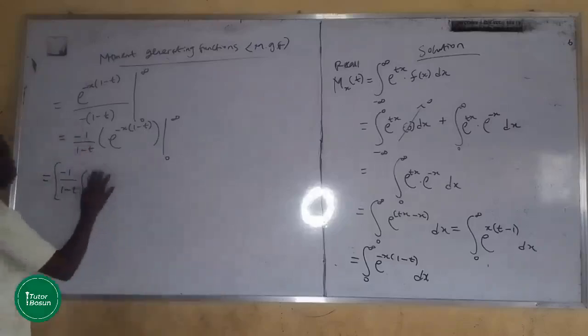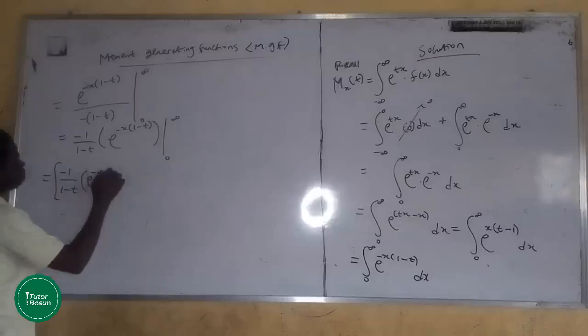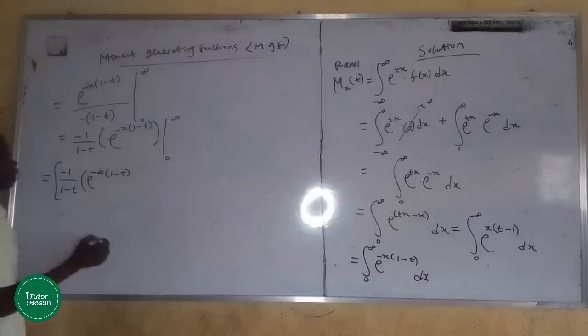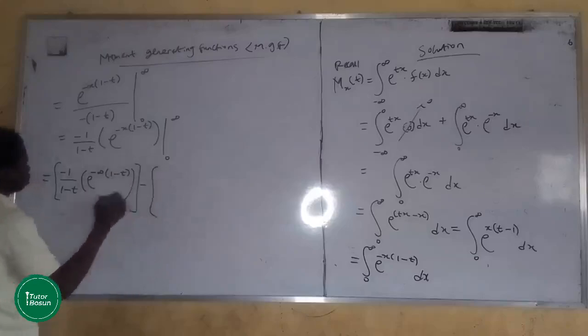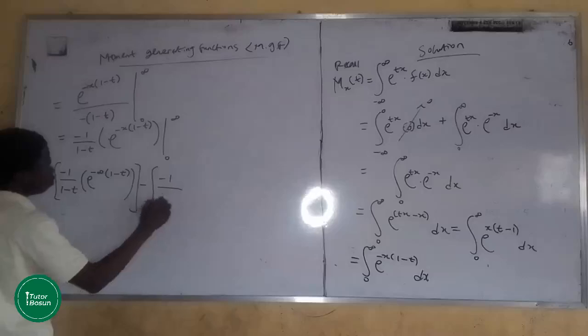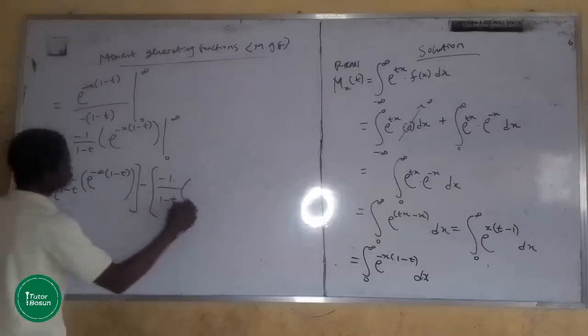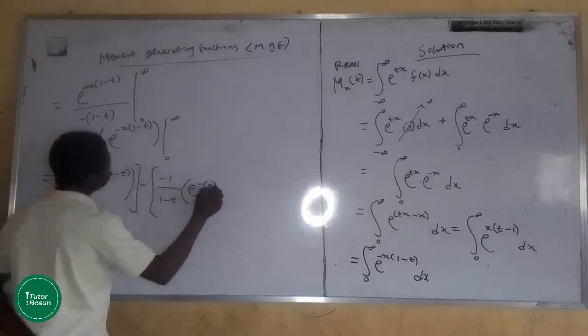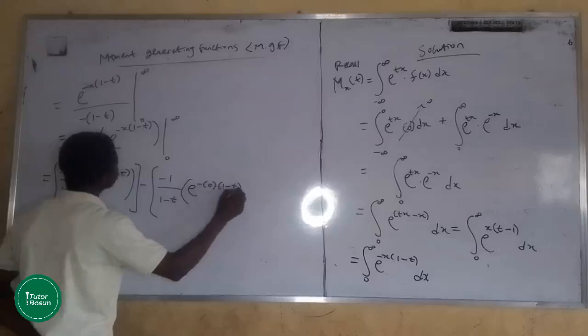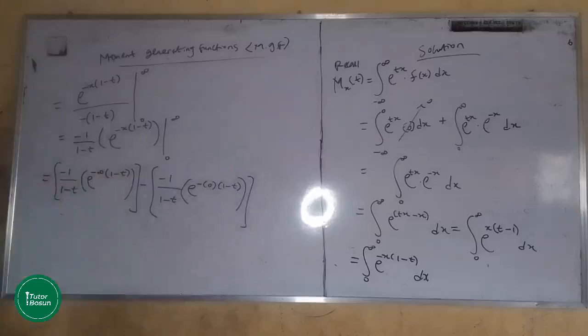So that will be exponential minus infinity into 1 minus t, close the bracket, minus 1 over 1 minus t into exponential minus 0 into 1 minus t, then close the bigger bracket.